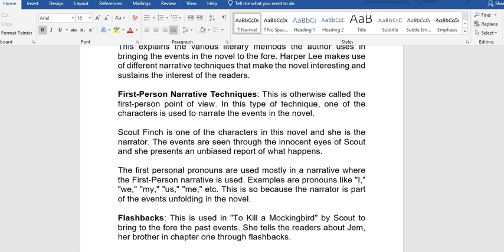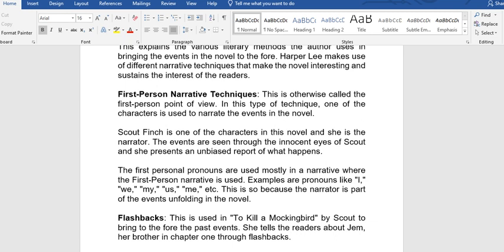First-person pronouns are used mostly in a narrative where the first-person narrative technique is used. Examples are pronouns like I, we, my, us, me. This is so because the narrator is part of the events unfolding in the novel.